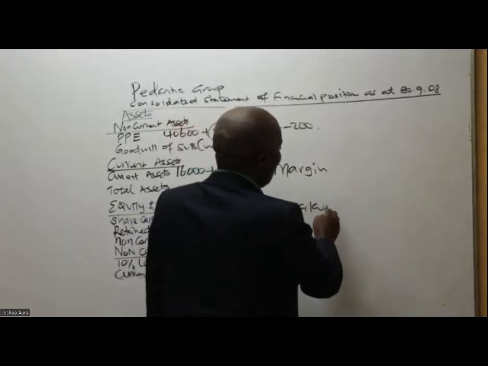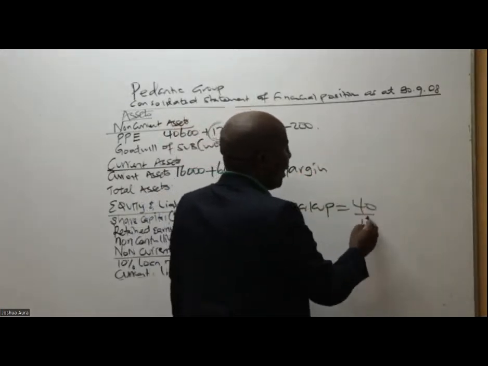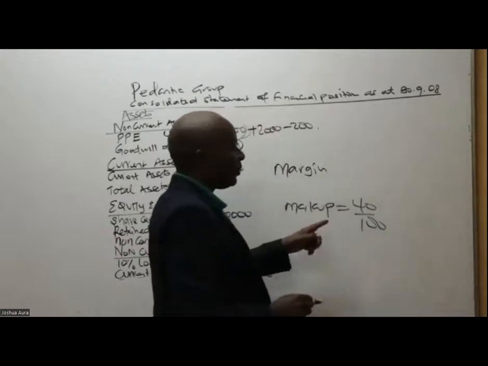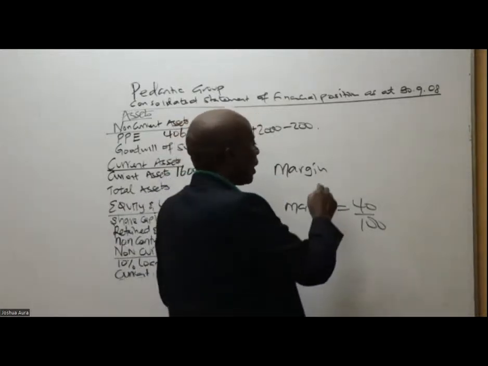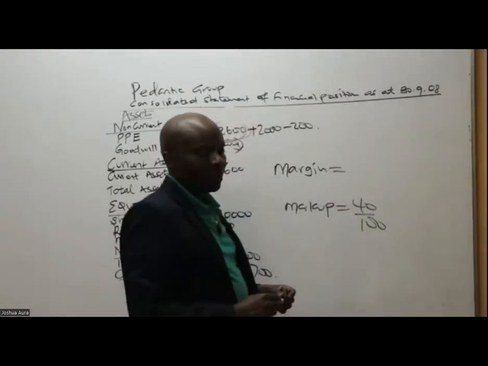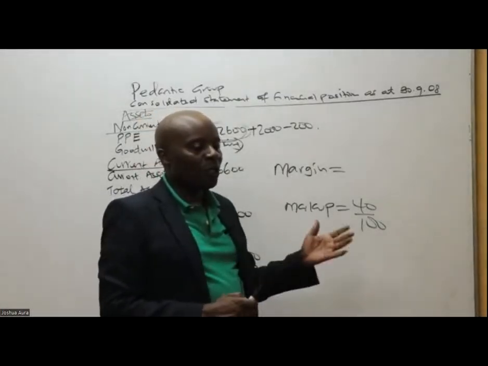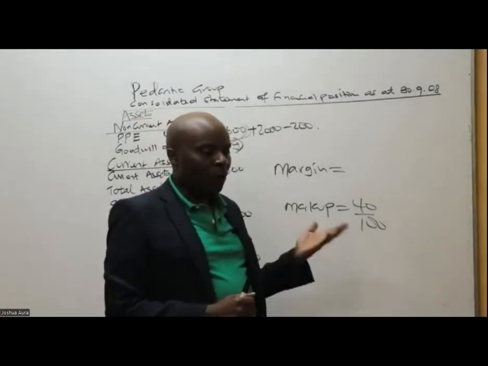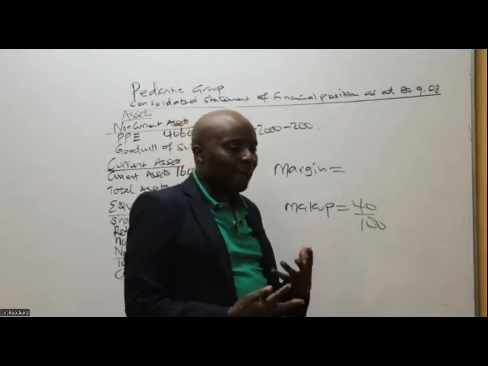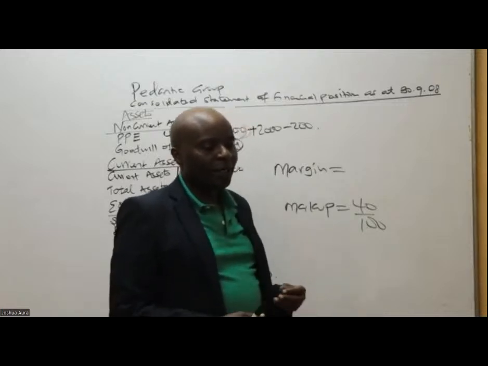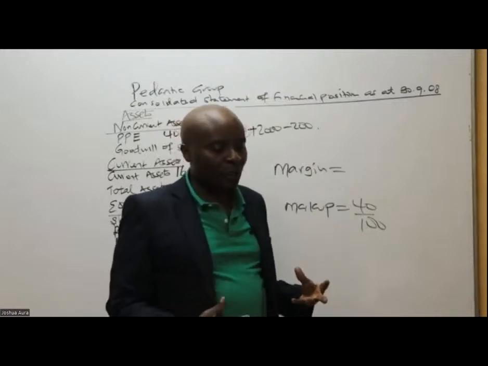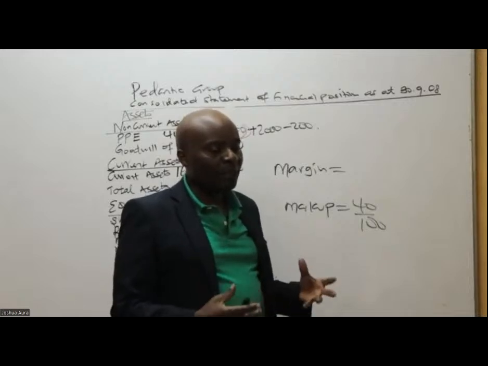So markup is 40 over 100. When markup is 40 over 100, could you kindly give me the value of margin? Let me try to simplify this for you. Will the margin be 40 over 60 or 40 over 140? Which one has a bigger base?